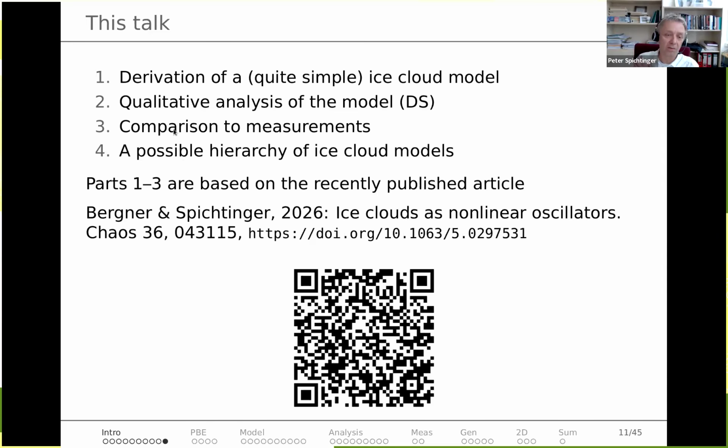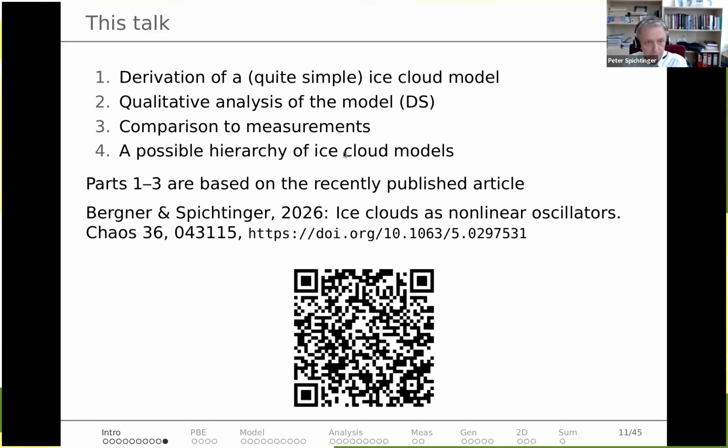And the last part is a bit more general about possible hierarchies of ice cloud models, thinking about more complexity, more reduction, and so on and so forth. The first three parts are based on this recently published article by Hanna Bergner and myself in Chaos, and it's open access.